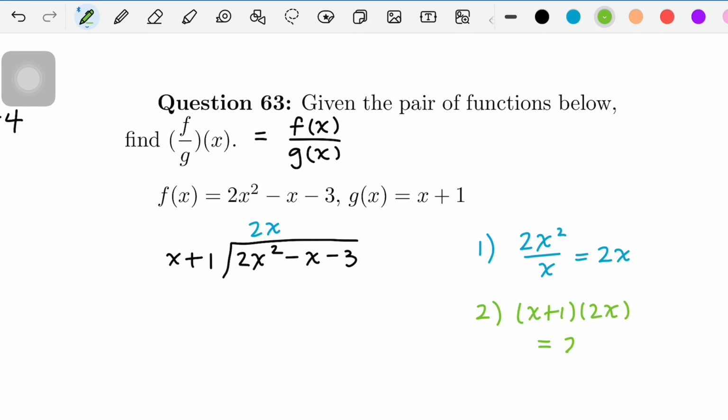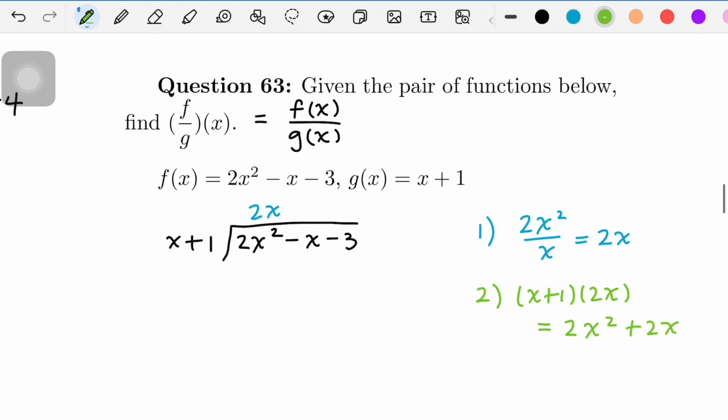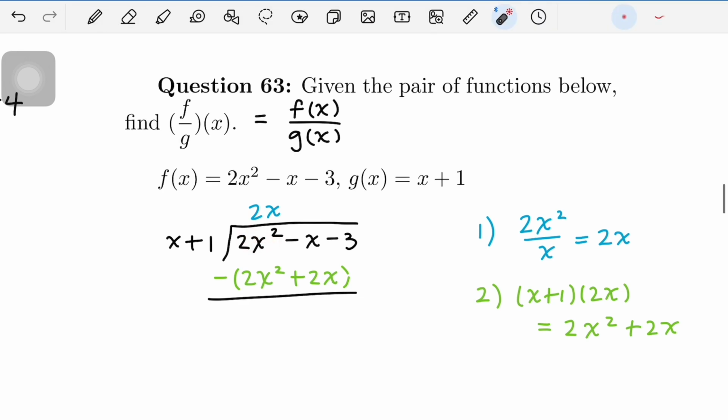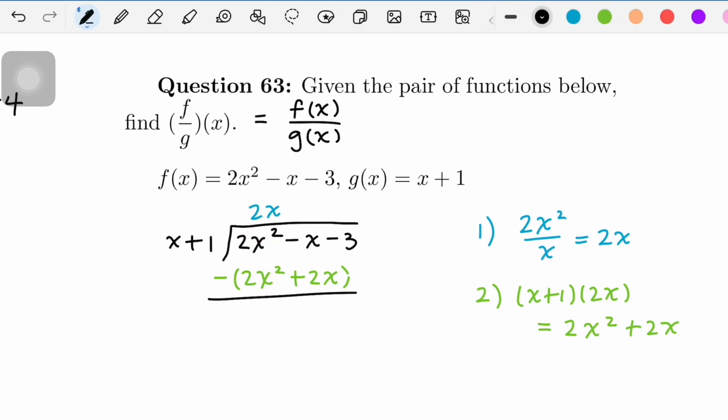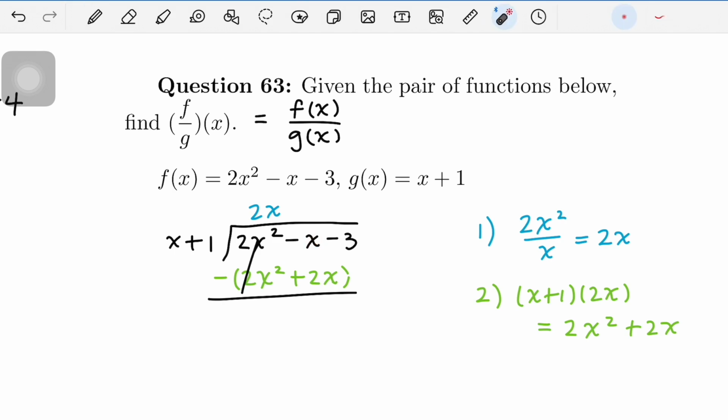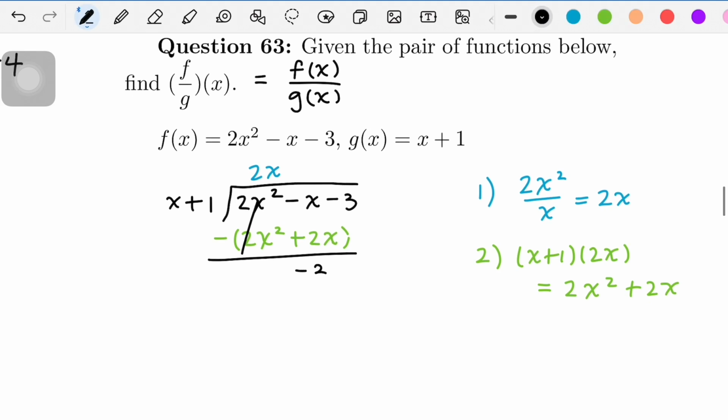This will give us 2x squared plus 2x, and so we're going to subtract out that result here. Doing so, we have 2x squared minus 2x squared, so these guys are going to cancel here. Then we have minus x minus 2x, so this will give us a minus 3x, and then we want to bring down this last term here, this minus 3.